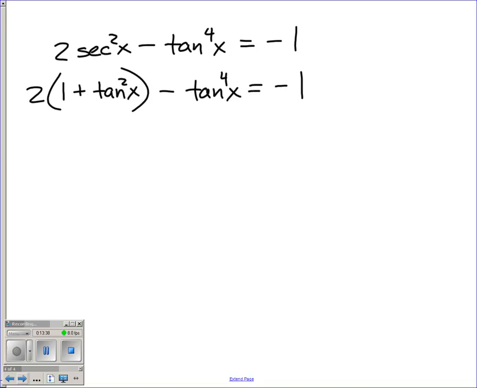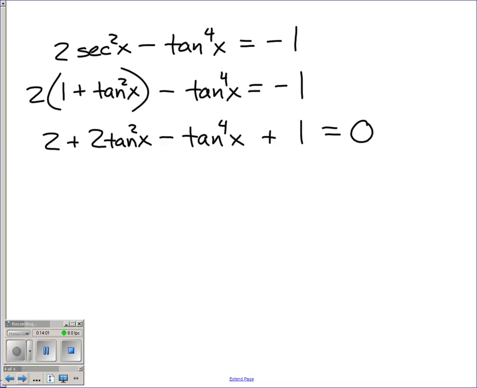Well, let's go through and distribute the 2. This will be 2 plus 2 tan squared x minus tangent to the fourth x plus 1 equals 0. Bringing everything to one side for a second. Probably could have left it over there, but I want to go through and take a look at this.